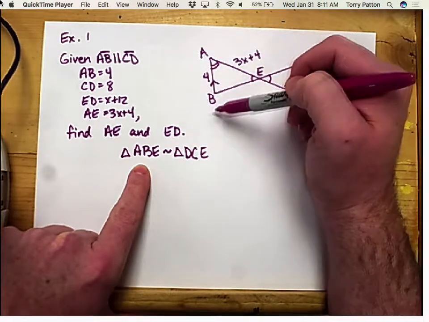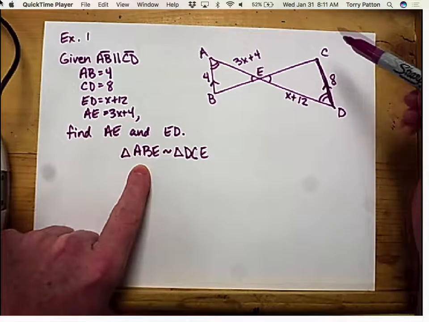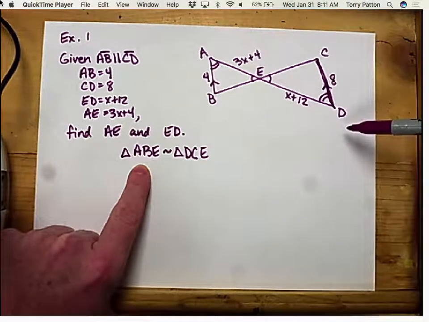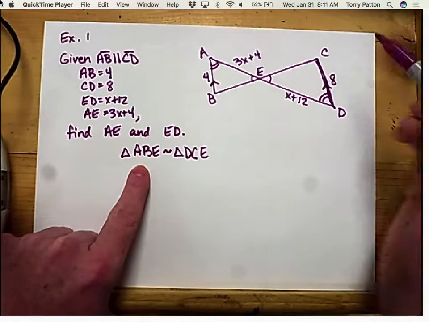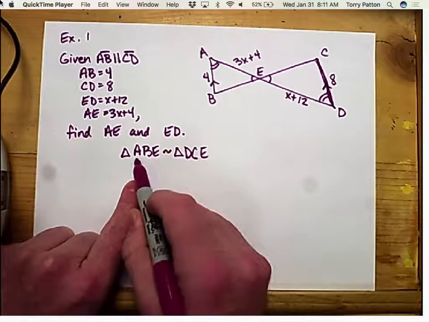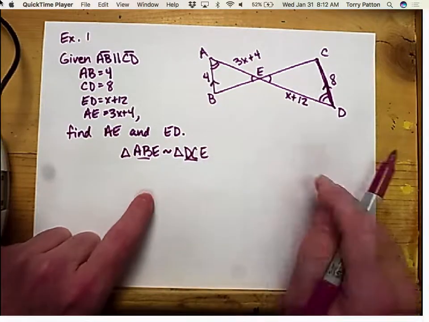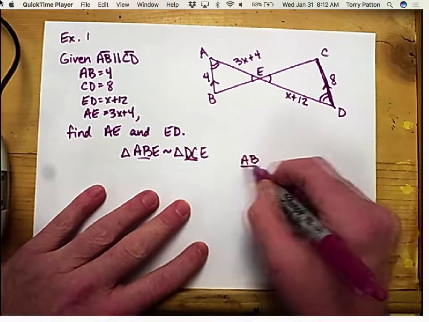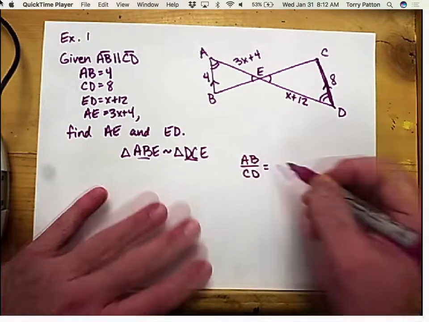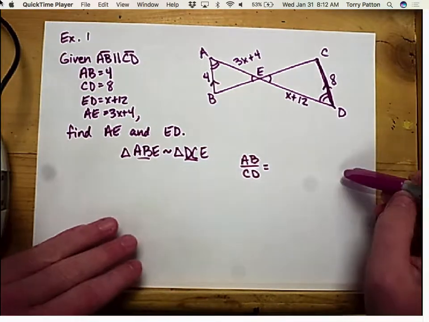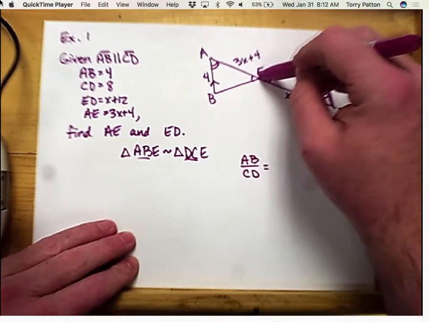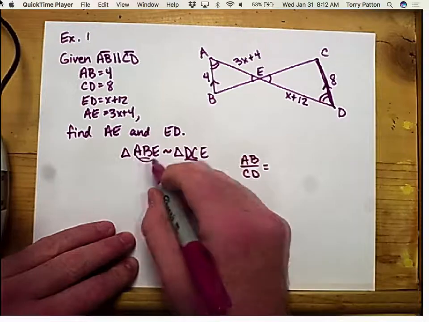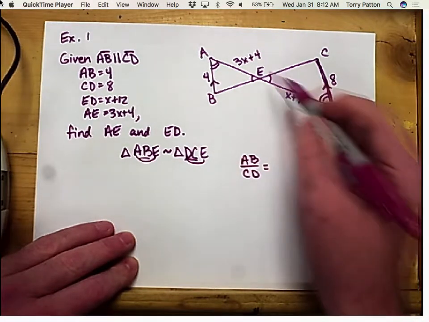We were given AB and CD. Are they corresponding sides? AB and CD, yes. So, AB over CD has to equal AE, which corresponds to DE.